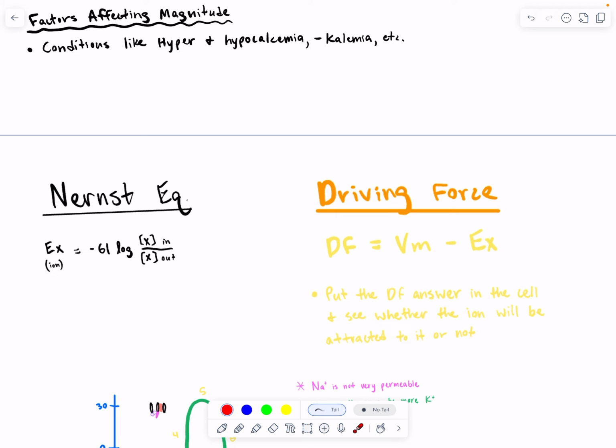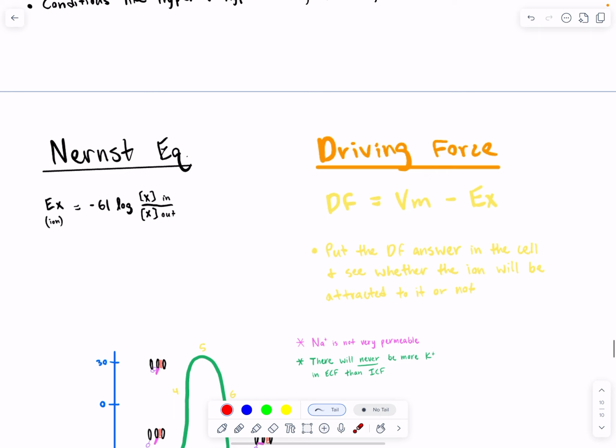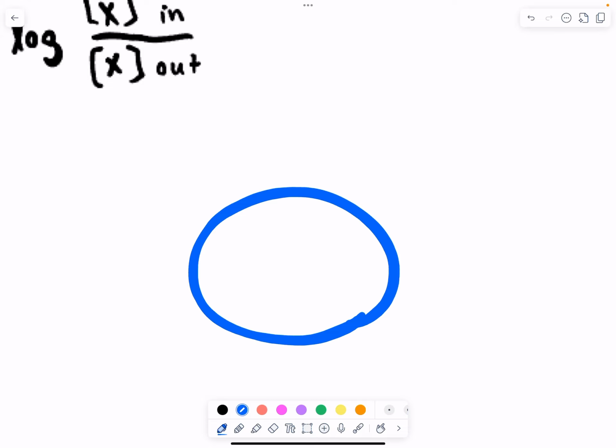So if we were to plug in some numbers and we come out with a positive number, let's say, then what we would do is, let's take a cell, for example. We'll take a little cell and we'll put that, let's say we come out with a negative number. Let's say it's a -15, just a random number. Well, depending on what ion we're using, let's say we used potassium.